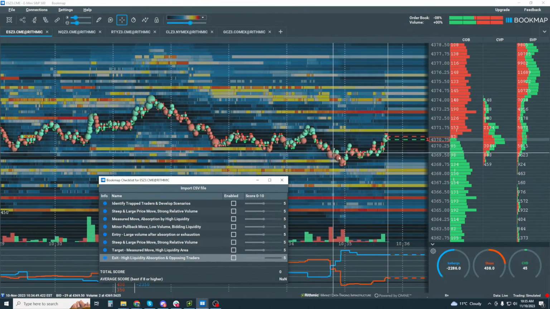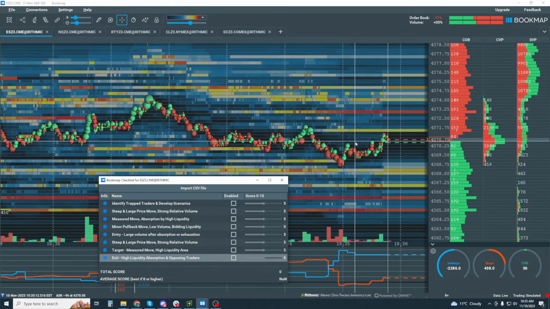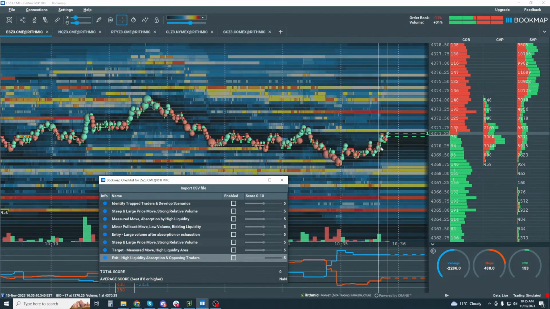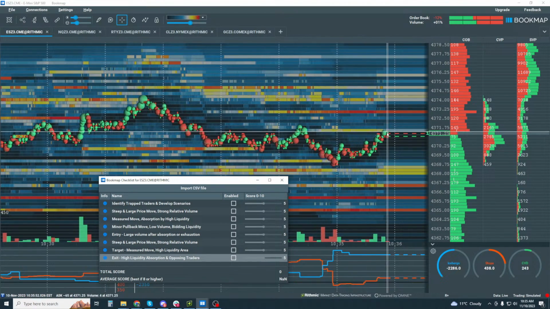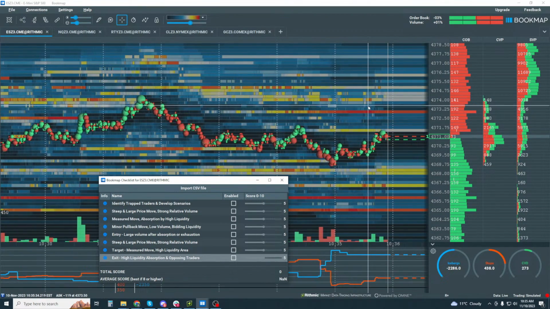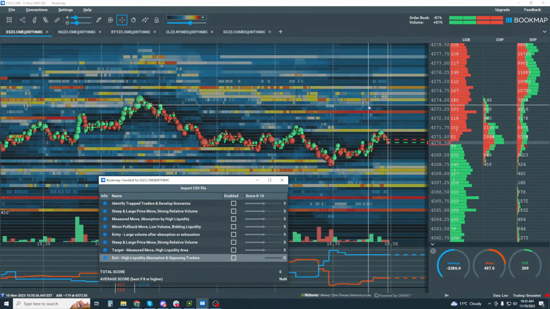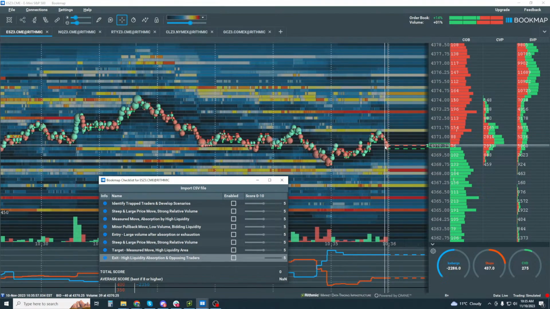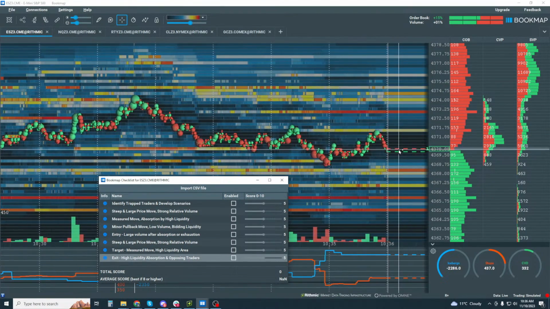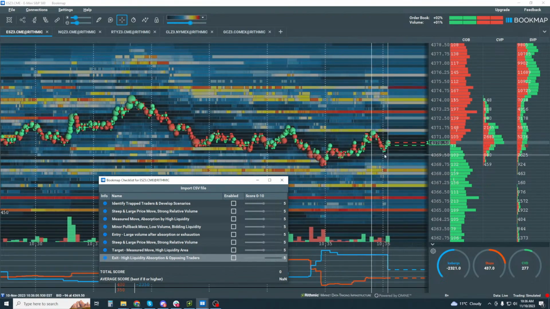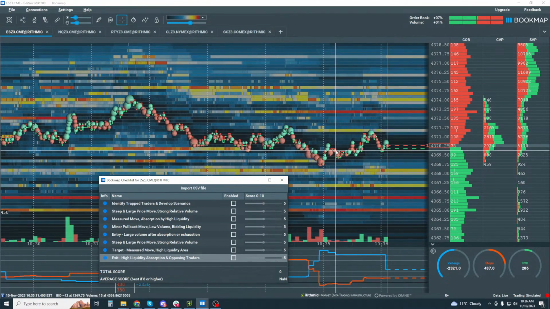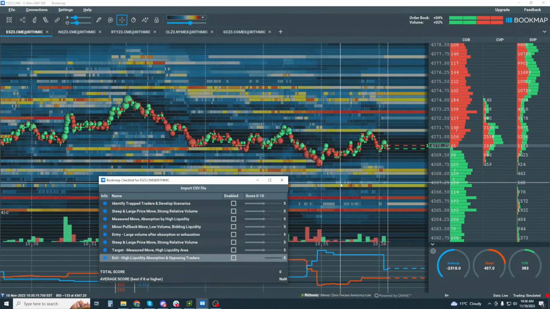Okay, so that's good. Let's see if we can get more trapped buyers in here, or are these guys going to be trapped sellers, and then they get squeezed to the upside here. Okay, so let's see if we can get more sellers in here again. Yeah, they're starting to show. Yeah, I don't know. There's nothing really powerful in here to give us insight at the moment.